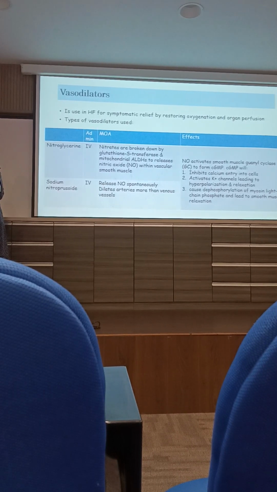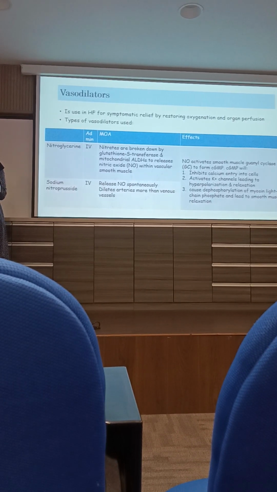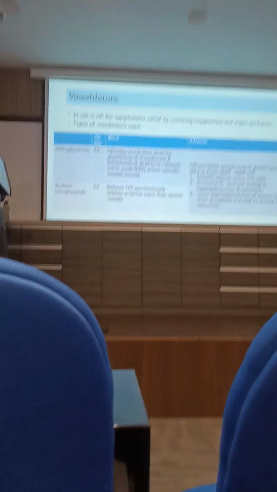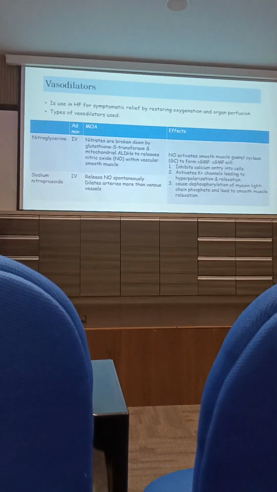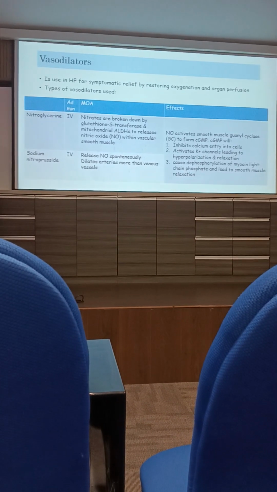There is another drug called sodium nitroprusside. This one does not need to be metabolized. It will release nitric oxide spontaneously. But the active agent is still nitric oxide, which will vasodilate the blood vessels.